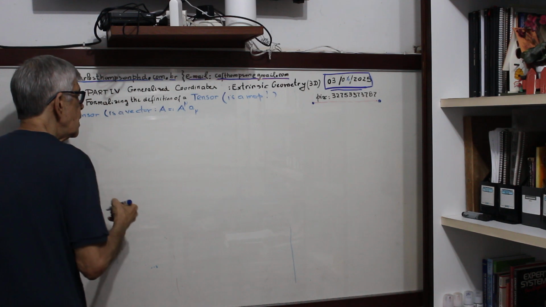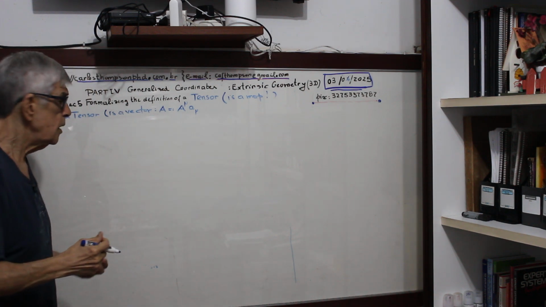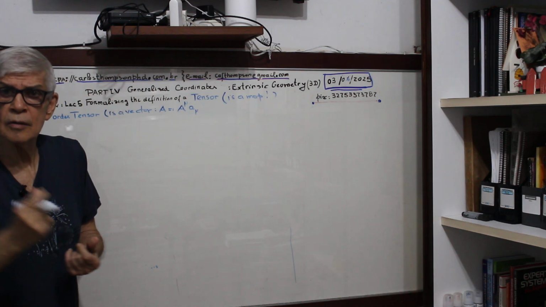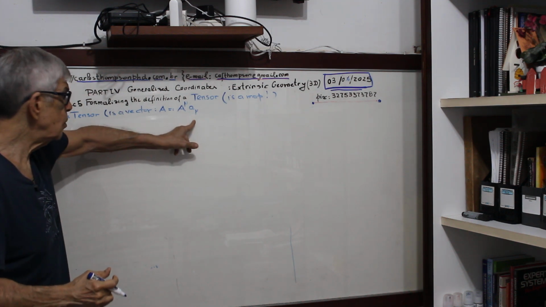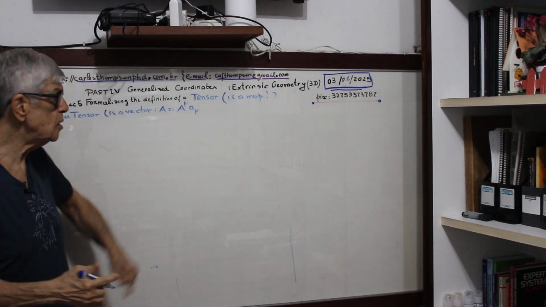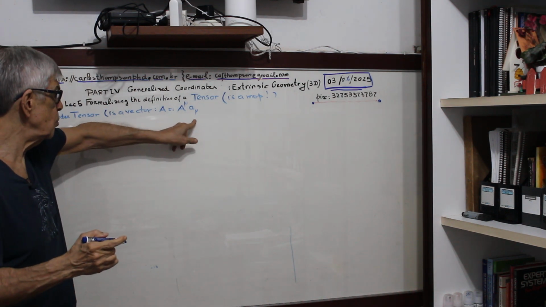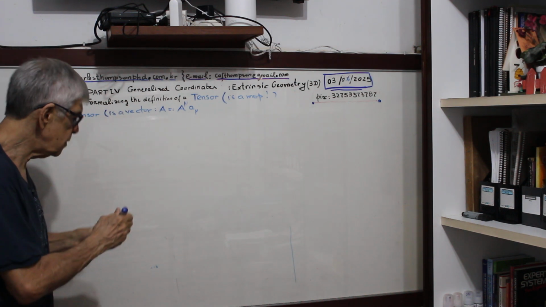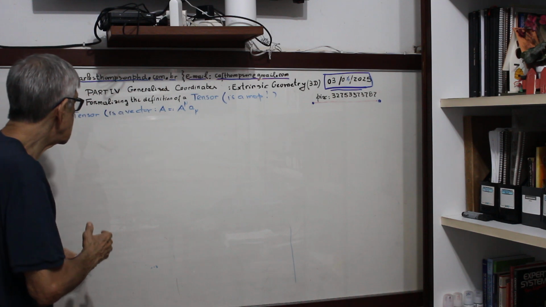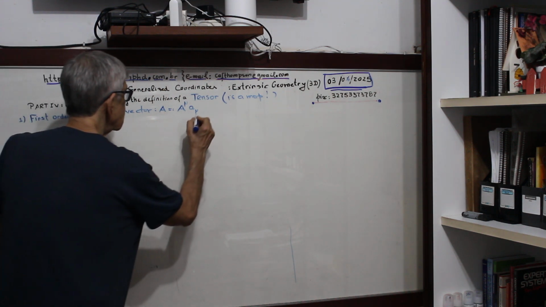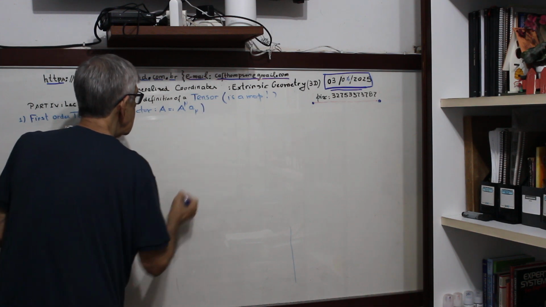If you are working in two-dimensional, mu will be 1 and 2. If you work in three-dimensional, mu will be 1, 2, 3. So this is the definition of a vector.